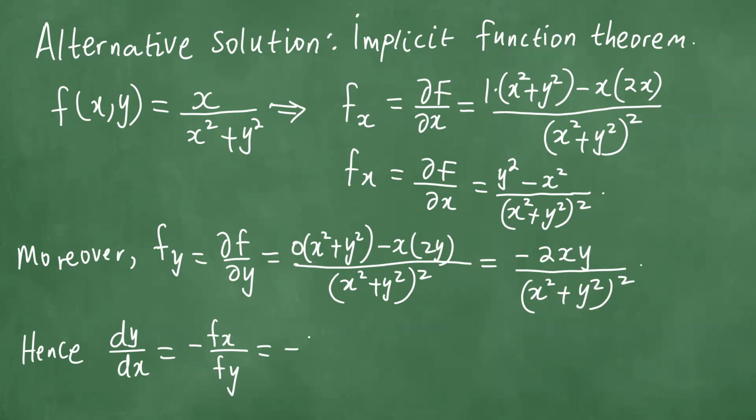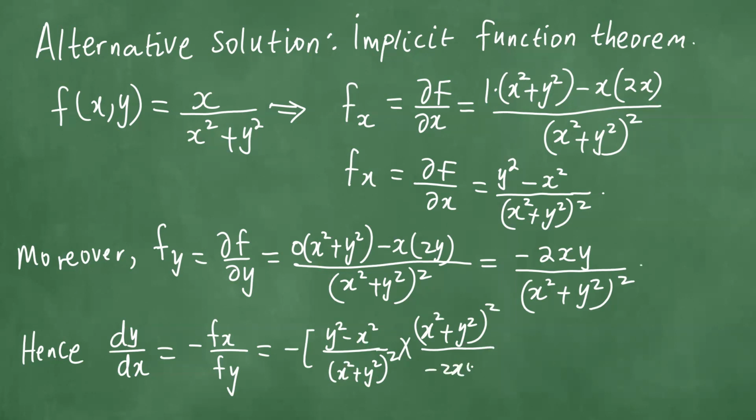It's the top, y squared minus x squared over x squared plus y squared, squared, divided by 2xy.